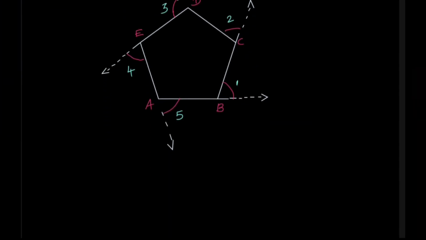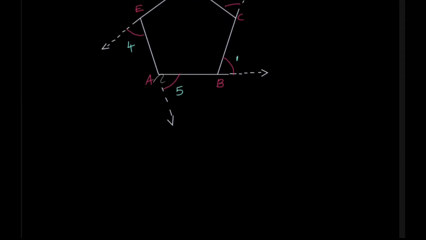For that, just think a boy travels along the outline, or the circumference, of the pentagon. Let's think like this.